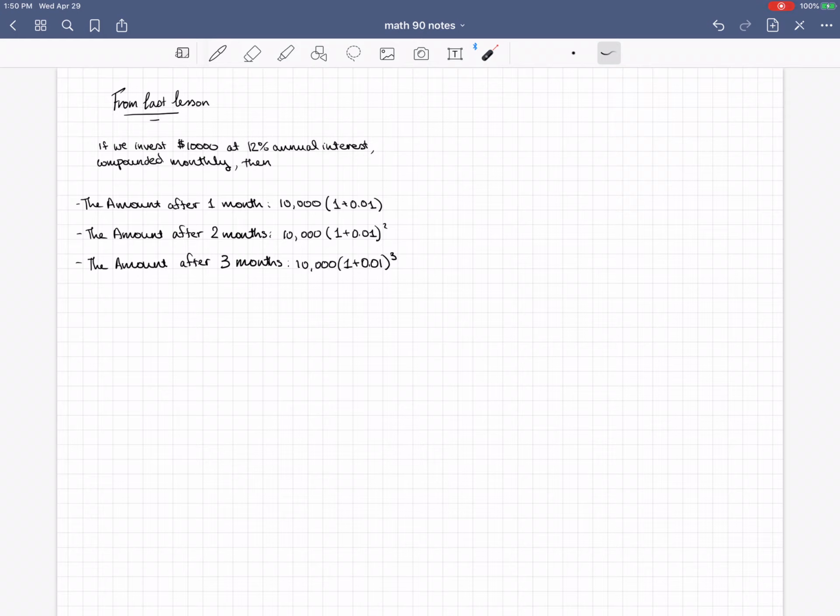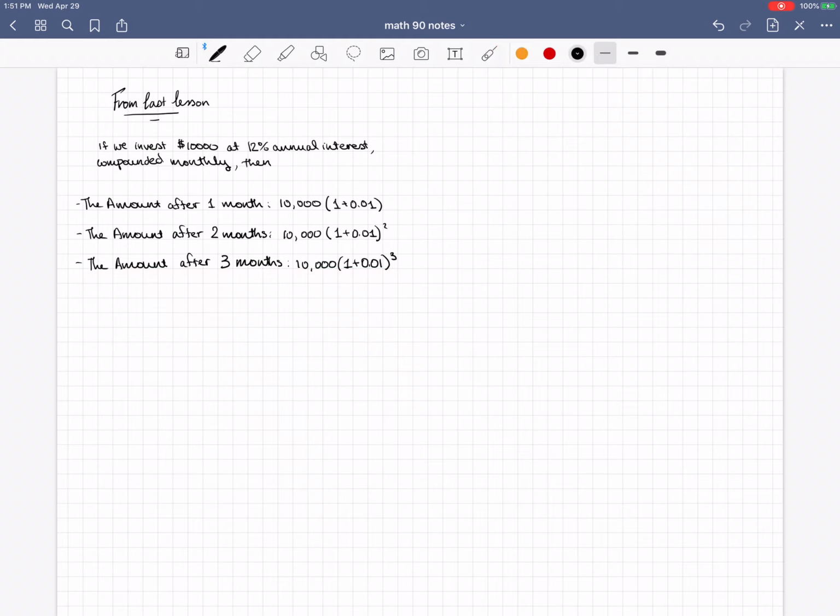Now, we went through the process, and you'll remember we kind of dragged it out and we algebraically simplified. And what we saw is that after 1 month, the amount in the bank account was $10,000 times 1 plus 0.01. The amount after 2 months was 10,000 times 1 plus 0.01 squared. And the amount after 3 months was $10,000 times 1 plus 0.01 cubed.